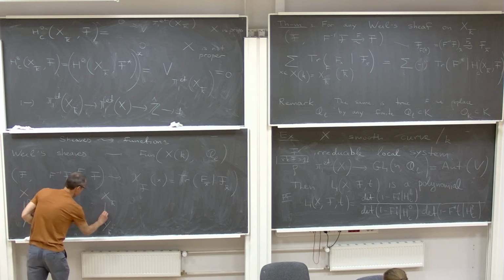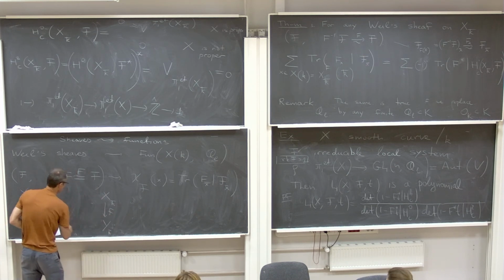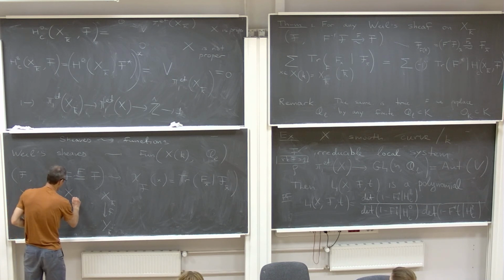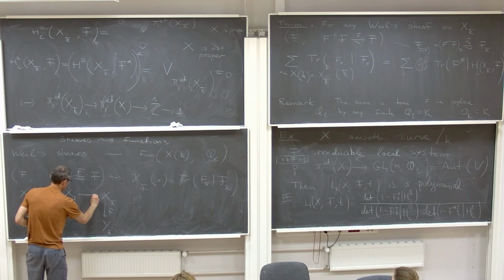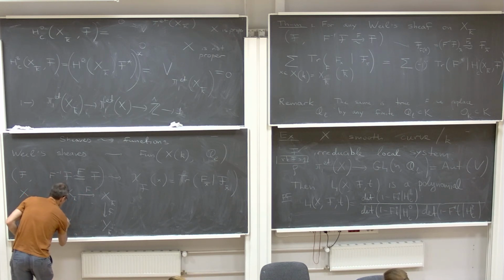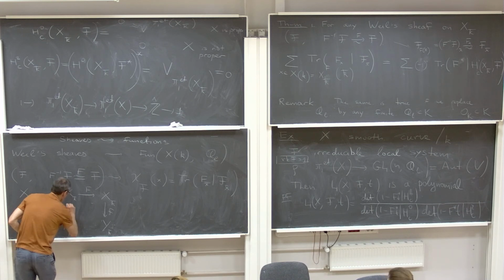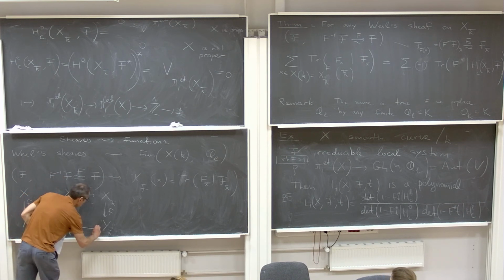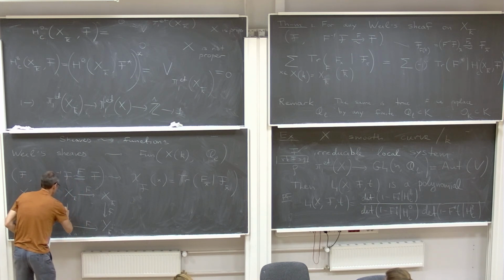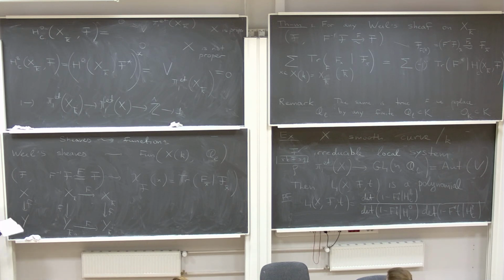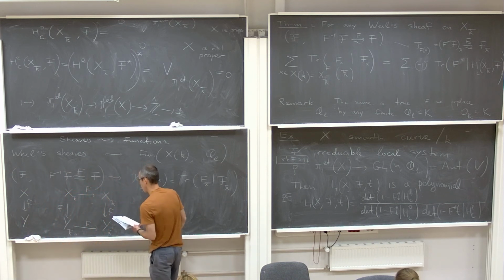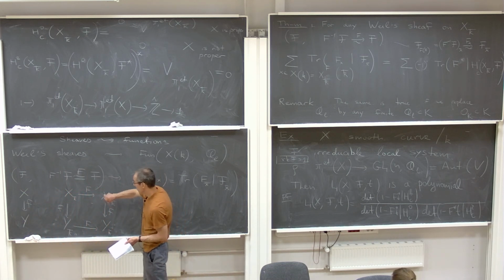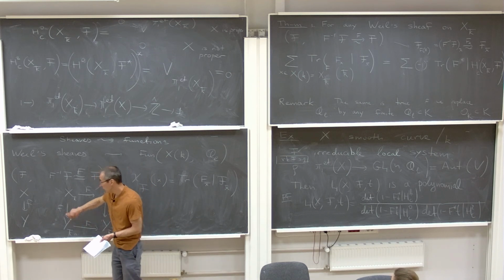And this map, that I will also call f, commutes with the geometric Frobenius, right? So I have this commutative diagram. And from this commutativity, I can show that the inverse image of a Weil sheaf on Y is a Weil sheaf on X.